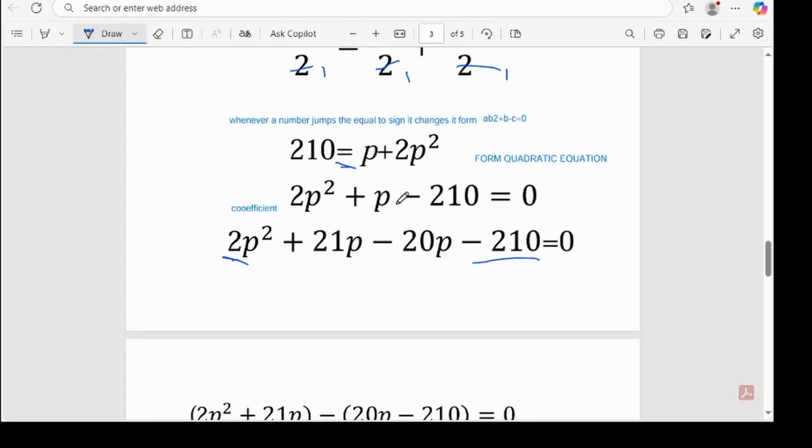So that's the rule for a quadratic equation. 2 multiplying negative 210 would give you negative 420 as your final answer.